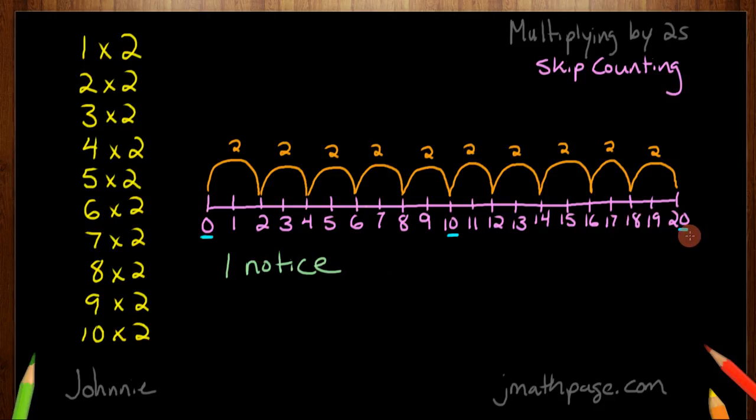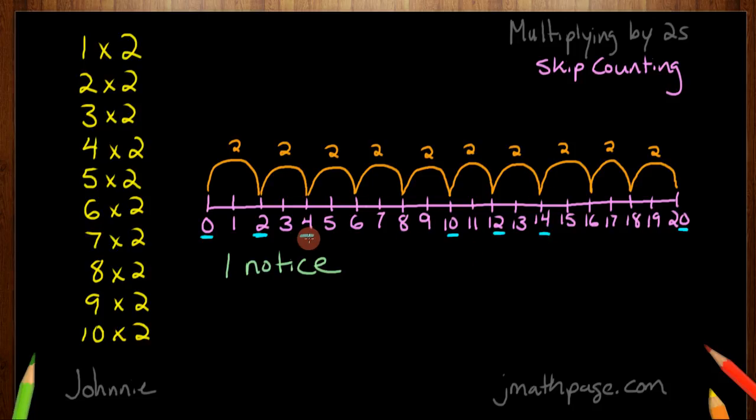Are there any other patterns? Well, I see that I end up at 2 here, and I also notice that I end up at 2 here. So I notice that one of the ending numbers for my multiples of 2 is always going to be 2. I notice this with the 4's as well. We end up with 4 here, and we end up with 4 here.